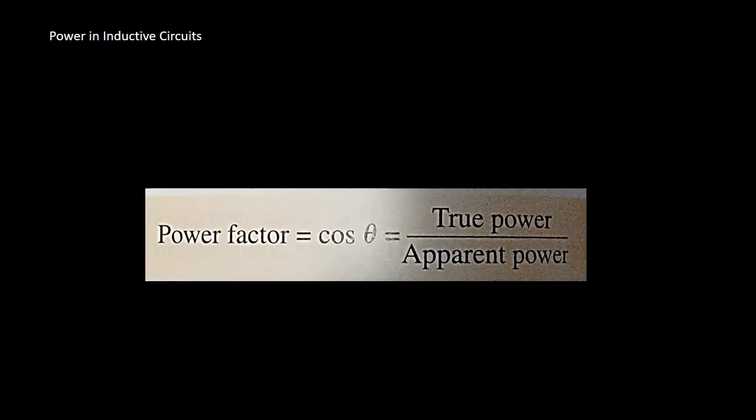The power factor is equal to the cosine of the phase displacement between the current and voltage, and the formula is shown on your screen, where theta is the phase displacement. Note that by rearranging this formula, we get the formula for true power shown on your screen, where true power equals apparent power times cosine theta, or true power is equal to effective voltage times effective current times cosine theta.